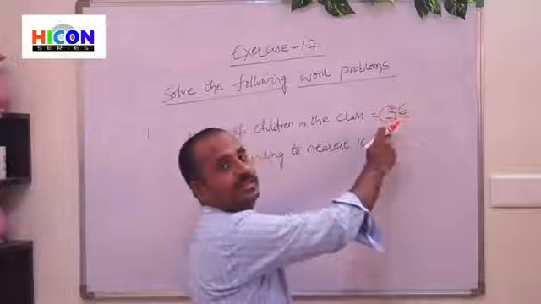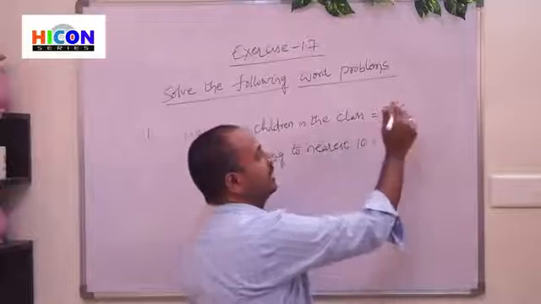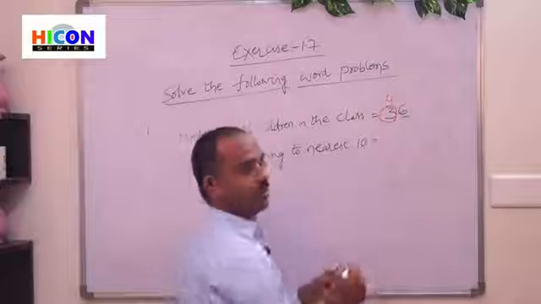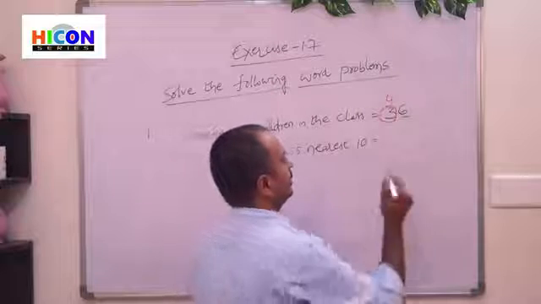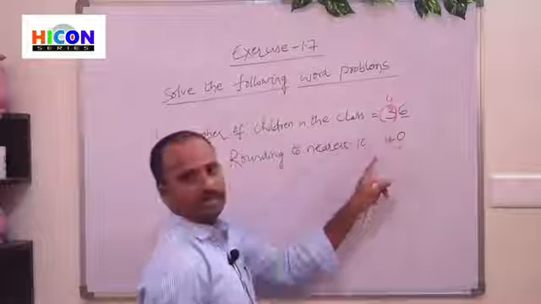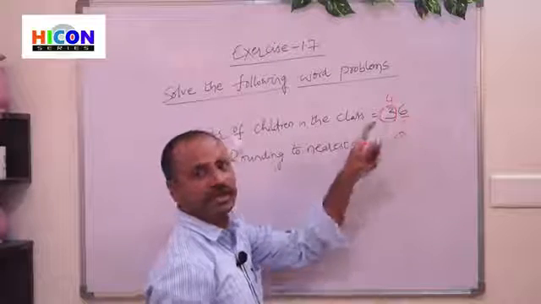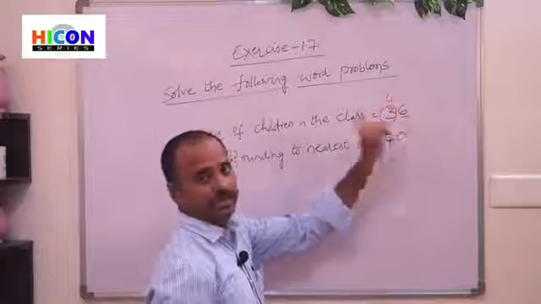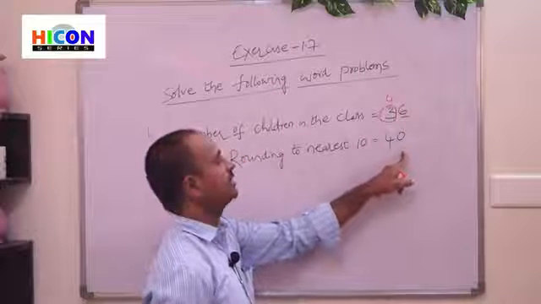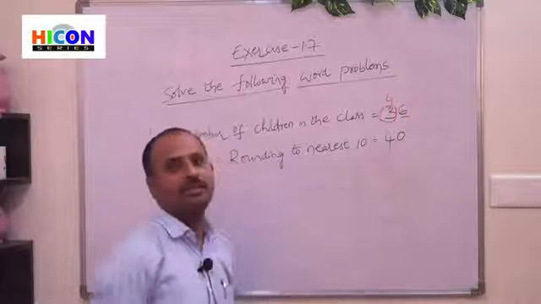Here 3 is present in the tens place, so after 3, we get 4. Then the number becomes 40. So write the next tens and keep 0 for the remaining digits. There is one digit after the tens place, so we have to keep 0 for the remaining place. So the number becomes 40.